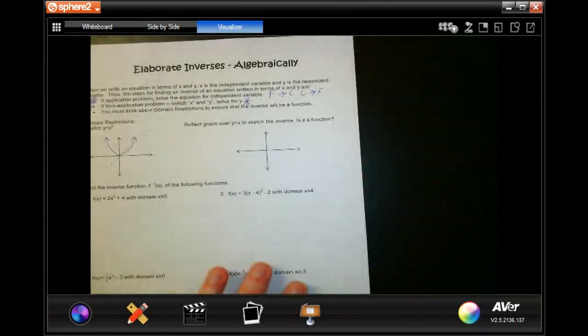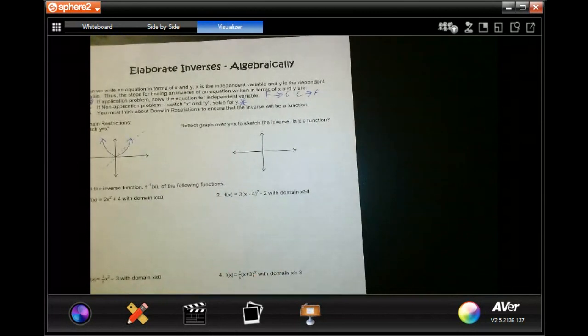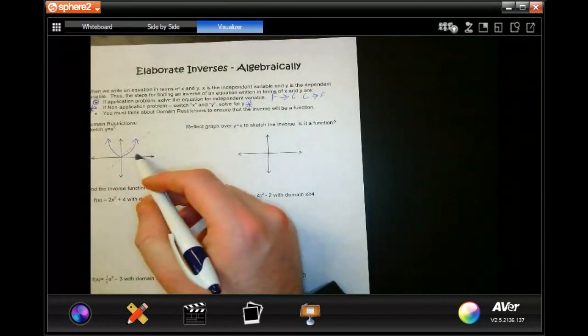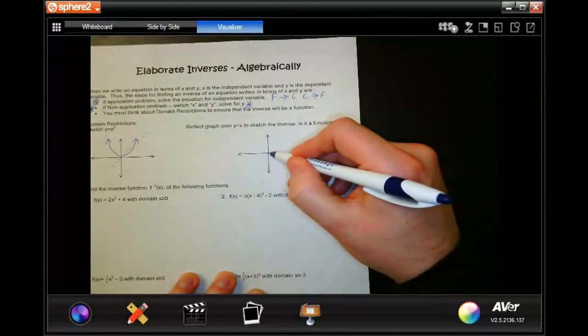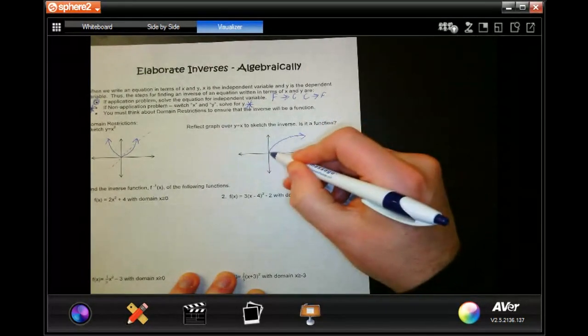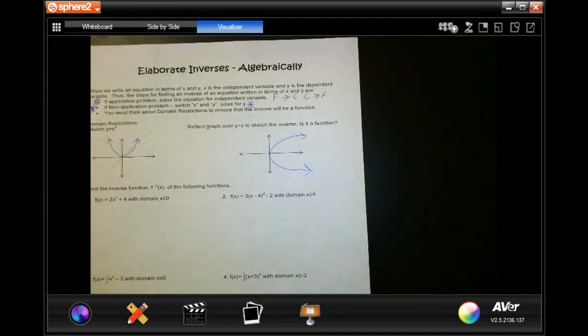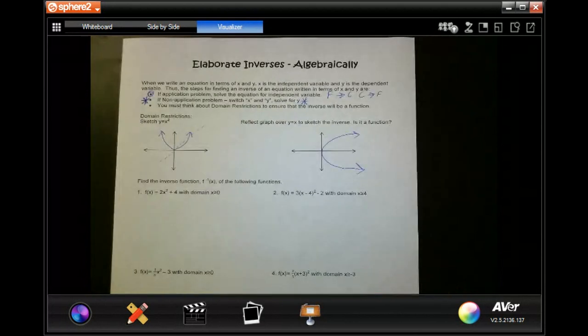I'm just drawing it here. And you sketch over y equals x to graph the inverse of this parabola. What you're going to graph is going to be on its side like this. So after I do this, why don't you guys draw just that? If you reflected that entire parabola on the left over y equals x, it would look like that. Might be helpful to have both of them on there.